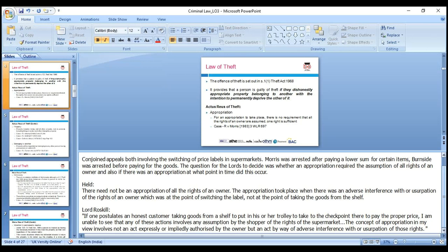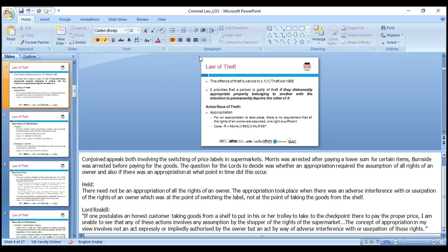The concept of appropriation in my view involves not an act expressly or impliedly authorized by the owner, but an act by way of adverse interference with these rights.